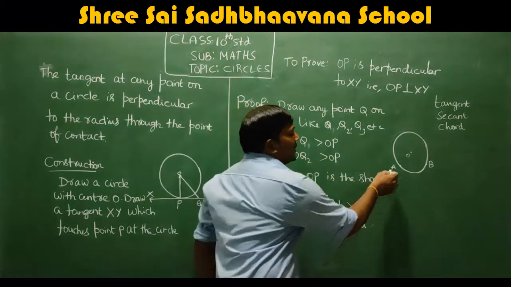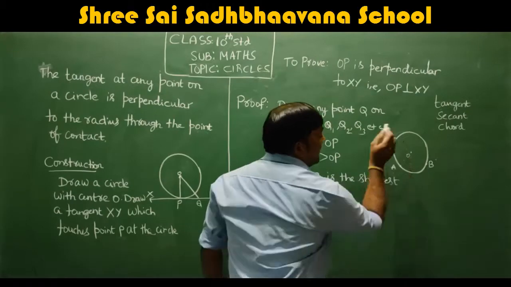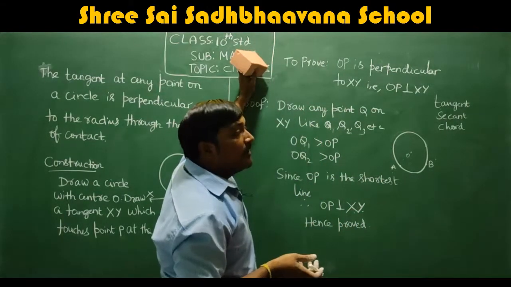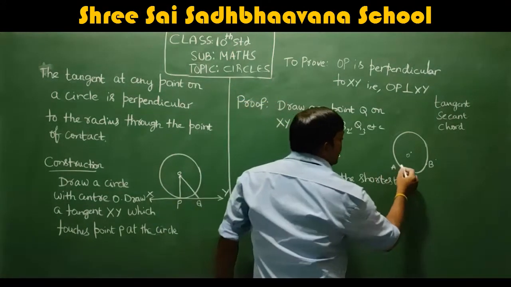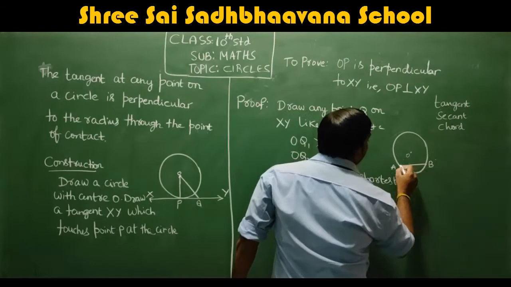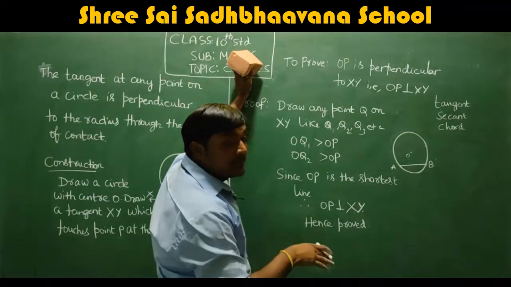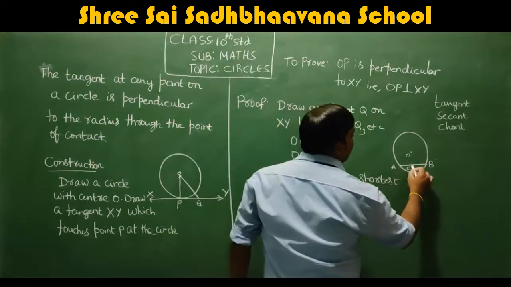You cannot take a point outside the circle or even inside the circle. You have to locate 2 points on the circle and join those 2 points. The line segment formed by joining those 2 points on the circle is called a chord.